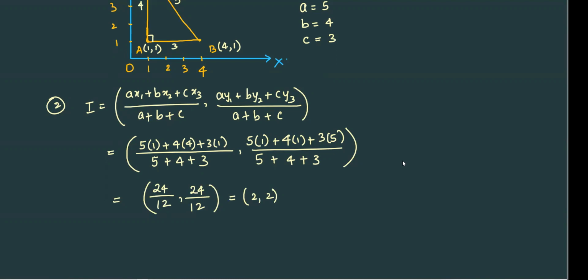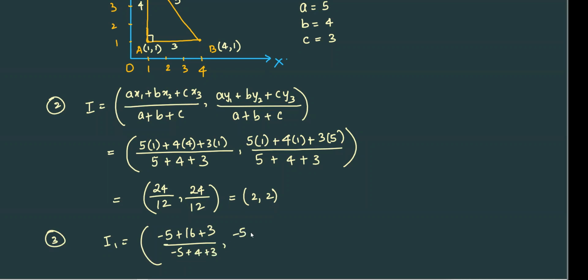All right. Now, next, the excenter. This also you have done correctly. I1, just replace a by minus a. So you get minus 5 plus 16 plus 3 as it is. Just replace a by minus a. Minus 5 plus 4 plus 3.